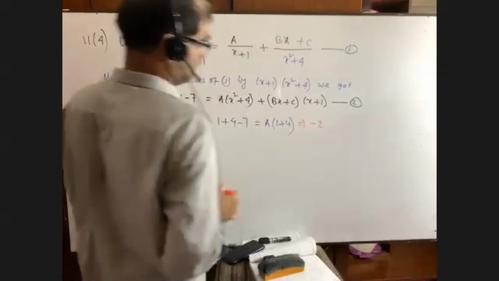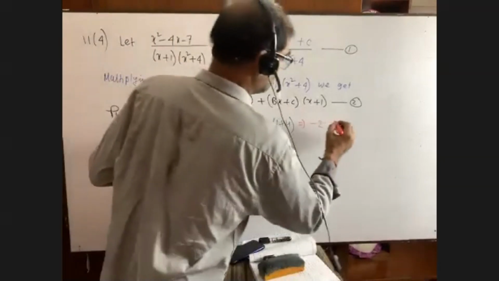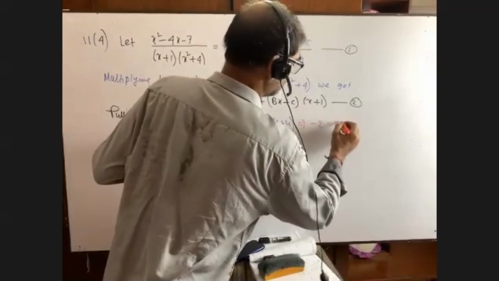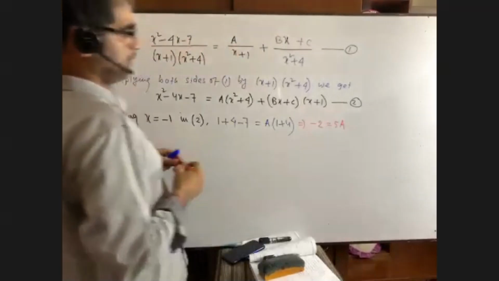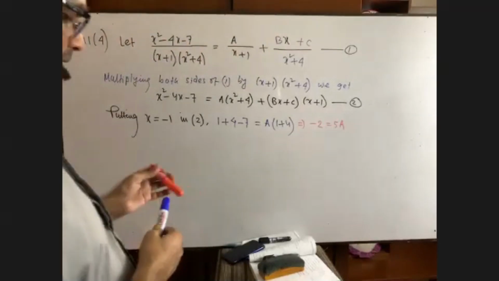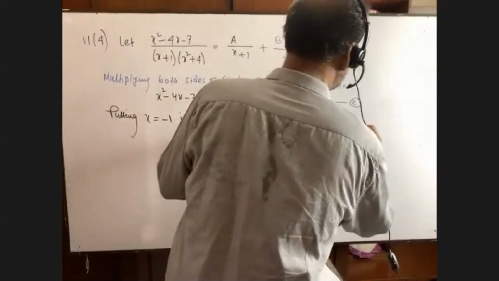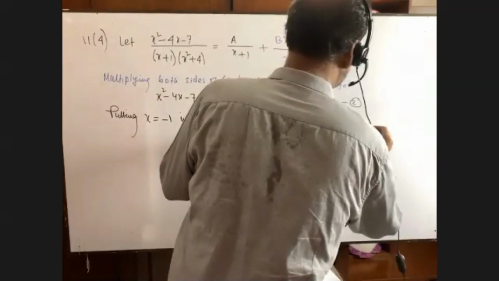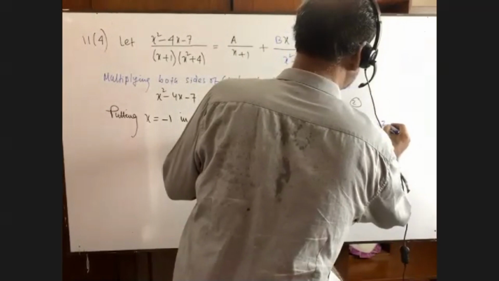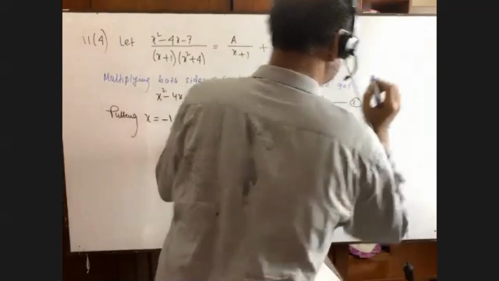Minus 2, right? Minus 2 equals 5a. That means a equals minus 2 by 5.